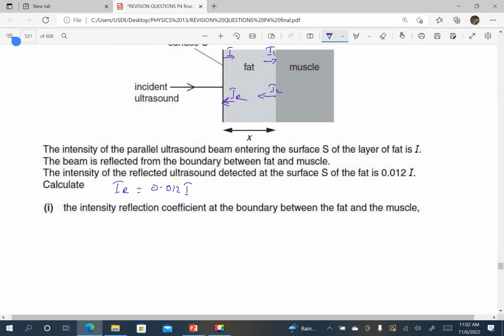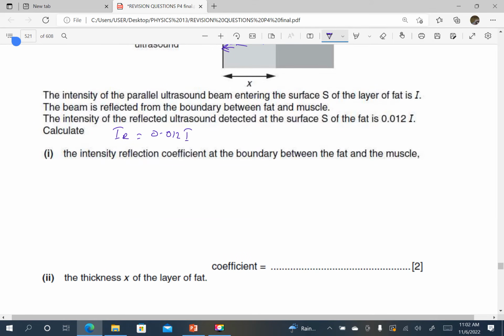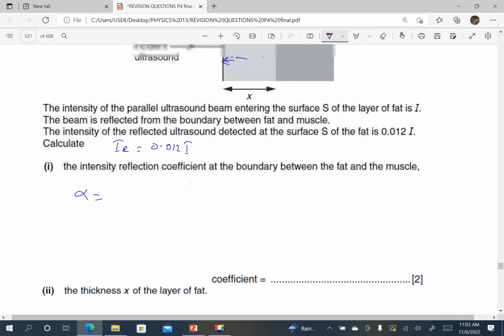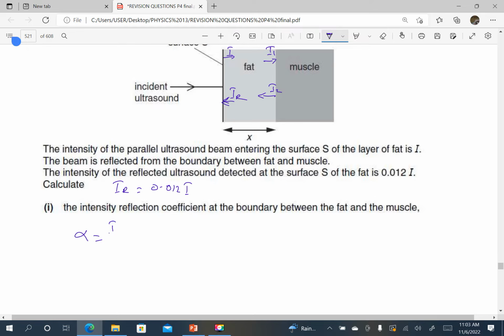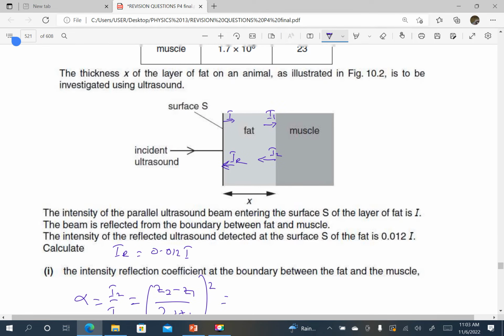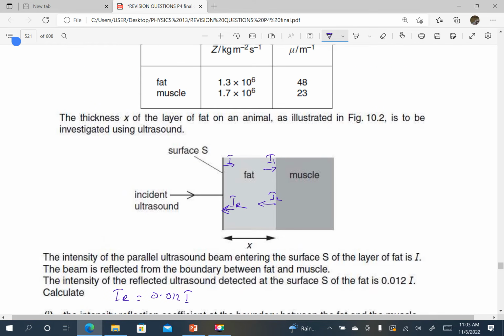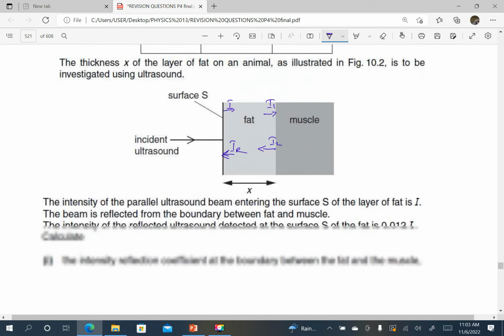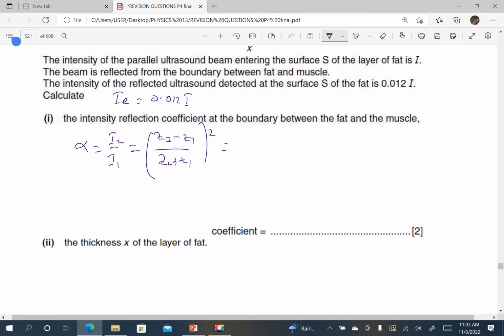Part A, calculate the intensity reflection coefficient. Remember, the intensity reflection coefficient is alpha. Alpha is equal to the intensity which is reflected at the boundary over the intensity which is incident at the boundary. And this is given as Z2 minus Z1 over Z2 plus Z1, all squared. So we simply substitute. They gave us fat as 1.3, muscle was 1.7. So the powers of 10 are the same.